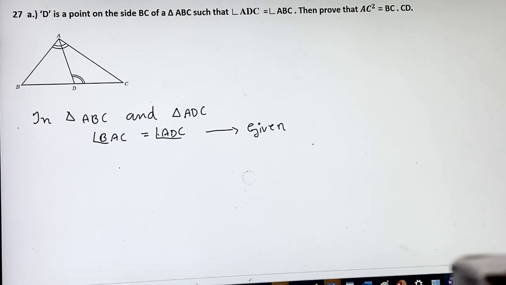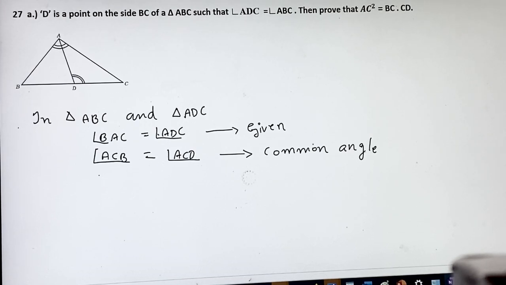Now, ACB is equal to ACD, where AC is a common angle. So we can write angle ACB is equal to angle ACD, because it is a common angle.